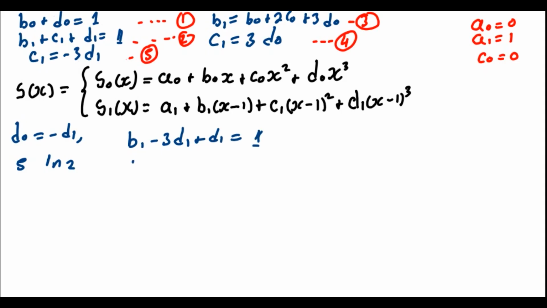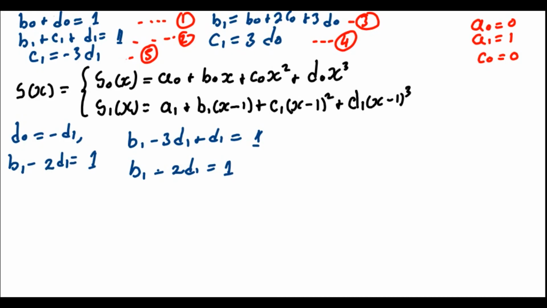What does this give me? This gives me B sub 1 minus 2D sub 1 is equal to 1. So I'm going to save this. I'm just going to write it here: B sub 1 minus 2D sub 1 is equal to 1.